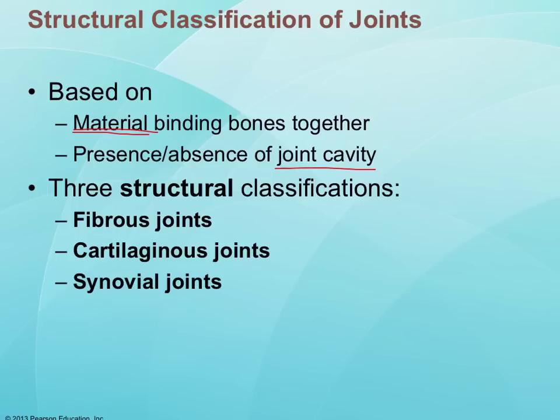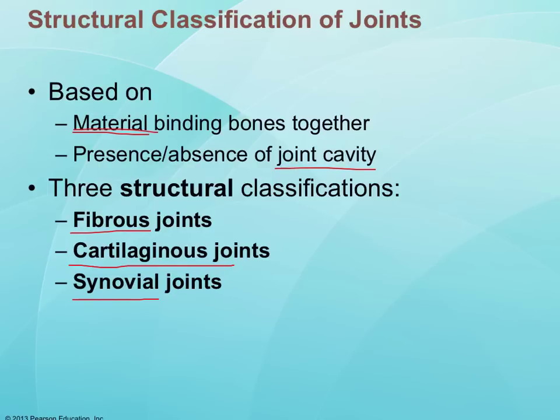So the fibrous joints bind bones with fibrous tissue, the cartilaginous joints bind bones with cartilage, and the synovial joints bind bones with a synovial cavity. So it's very simple, right? You are able to tell the type of joint just by their name.